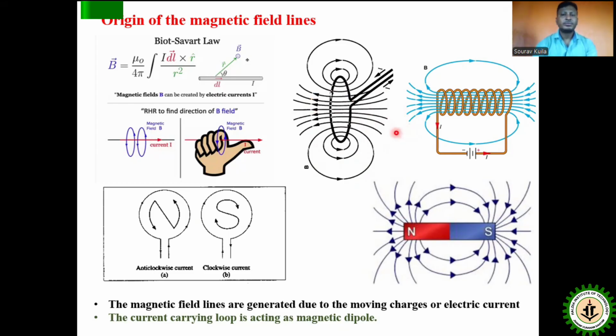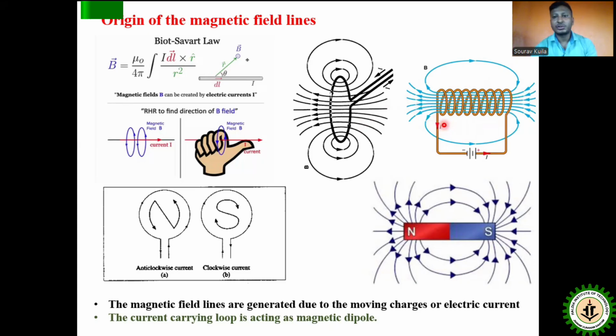If you use a number of turns instead of a single turn, the magnetic field due to n number of turns will be like this in this image.